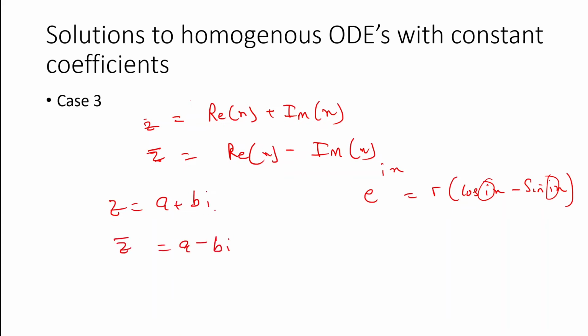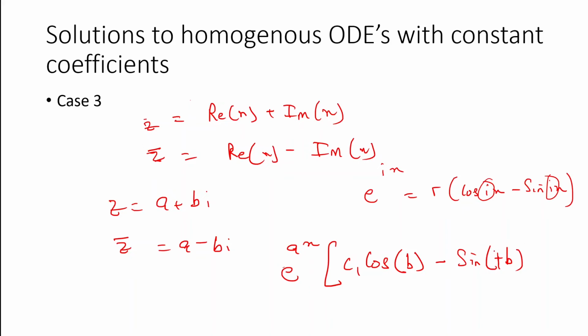If there is a conjugate pair of solutions, then the solution can be written as e to the power of the real part, so e power ax, times c1 cos of the imaginary part, minus sine of the imaginary part. It depends on whether the imaginary part is positive or negative.